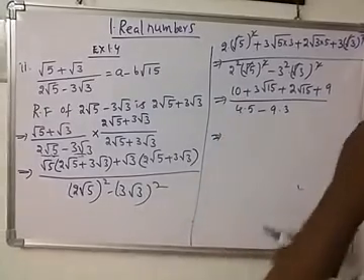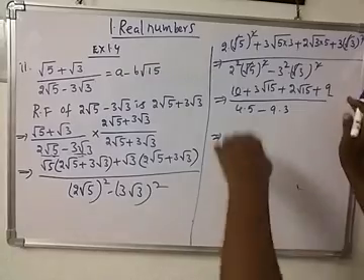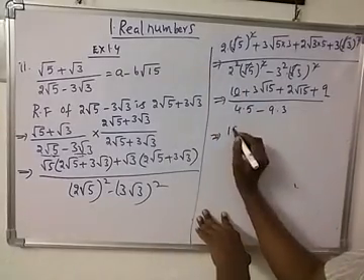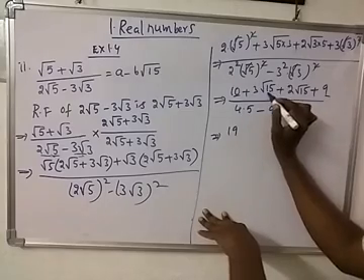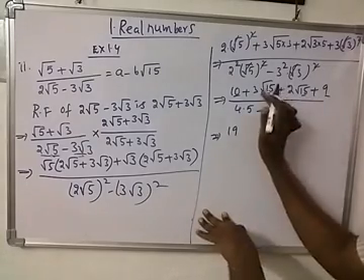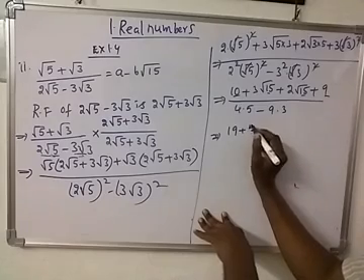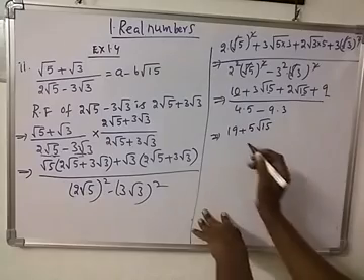So here 10 and 9 are rational numbers, 10 plus 9 is 19. Both are like terms because they have the same radicand, that is 3 plus 2, that is 5√15.